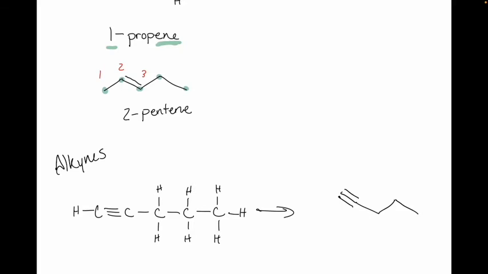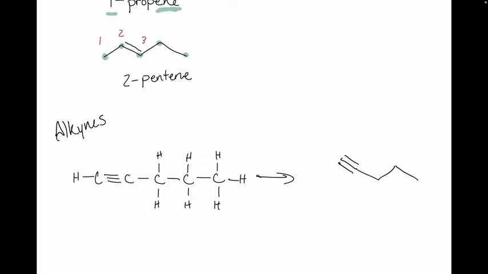And this one here, 5 carbons. So what's the prefix I'm going to use to indicate the number of carbons? Pent. So this would be pentyne. And again, I got to indicate the position of that triple bond. So the full name would be 1-pentyne because it's between carbons 1 and 2.